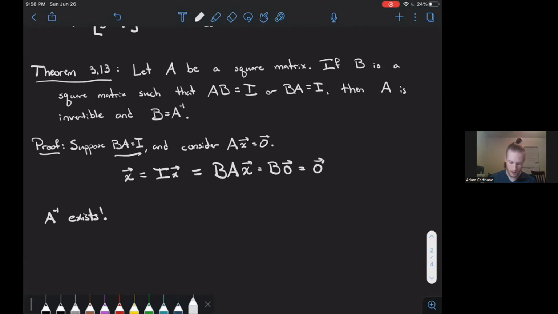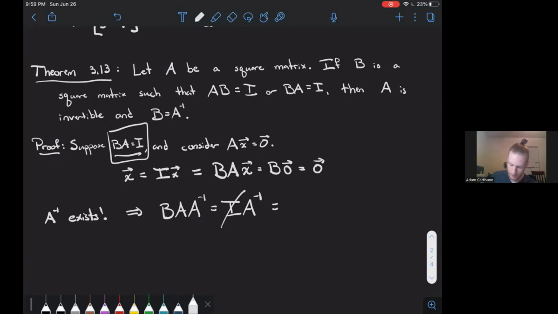But then if A inverse exists, then I can multiply both sides of this equation on the right by it. A inverse is I inverse, I A inverse. Okay, but we're about to multiply a lot by the identity.